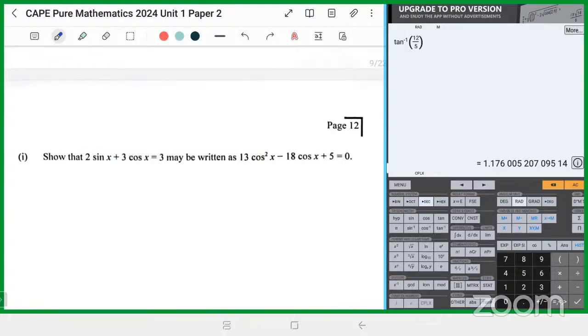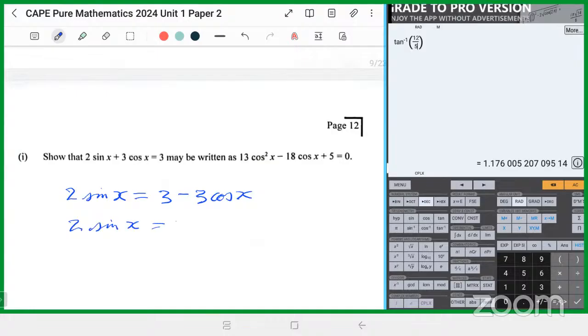So I'm going to write this as, please excuse the noise outside, 2 sine x is 3 minus 3 cos x. All right. And then I can factorize the 3 and write 2 sine x is 3 into 1 minus cos x.